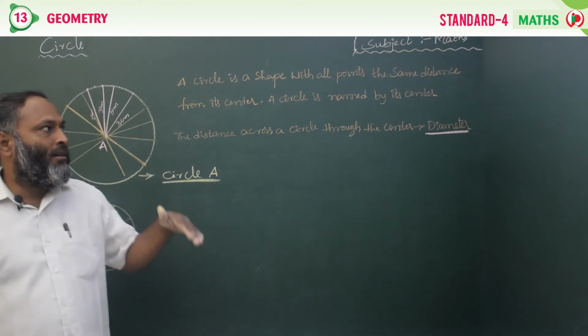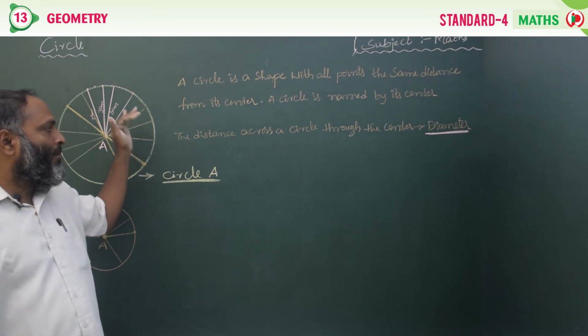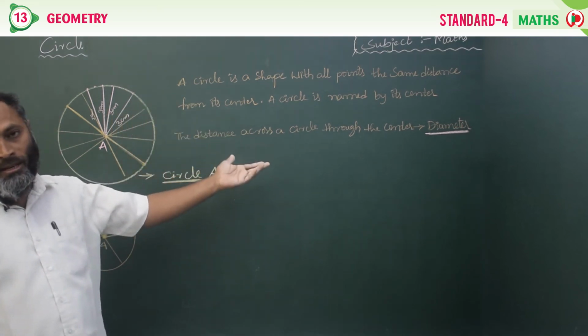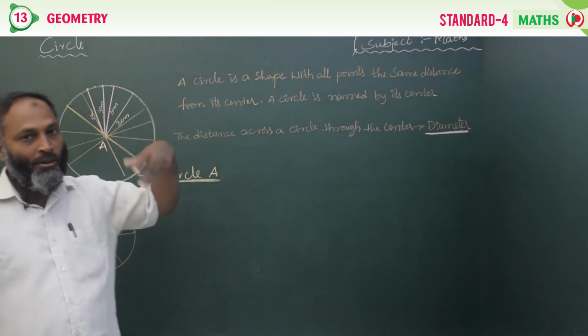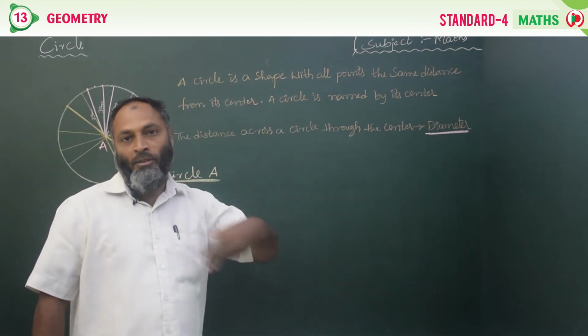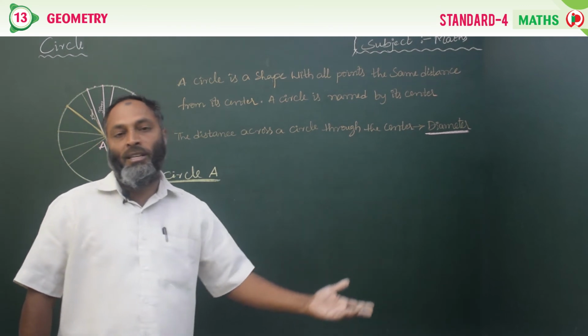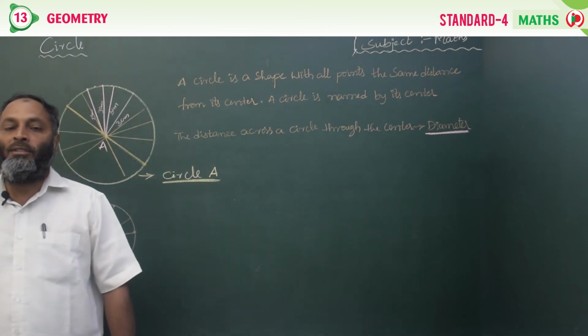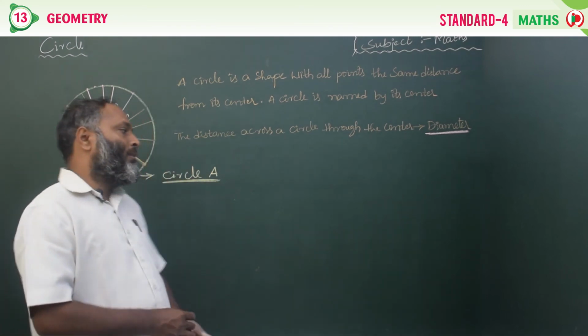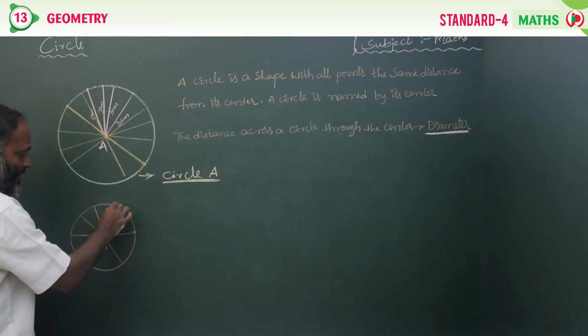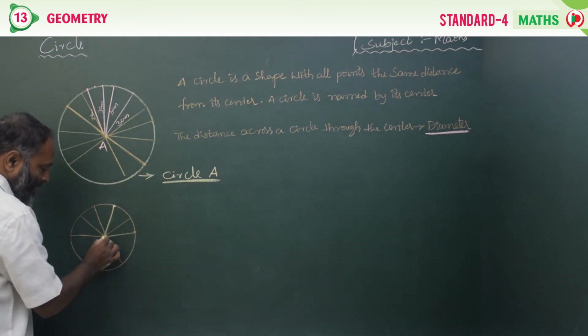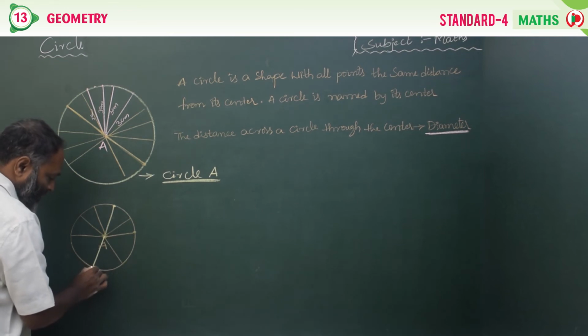So this is about the concept of a circle: the definition, how to represent and name a circle, what the diameter of a circle is, what the radius of a circle is, how many diameters we can draw, and how many radii we can draw. One more thing: if you extend this radius, here to here is a radius, and here to here again a radius.